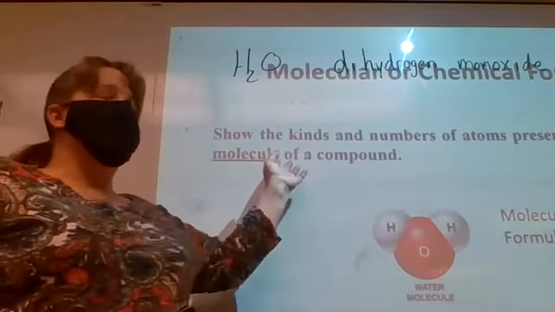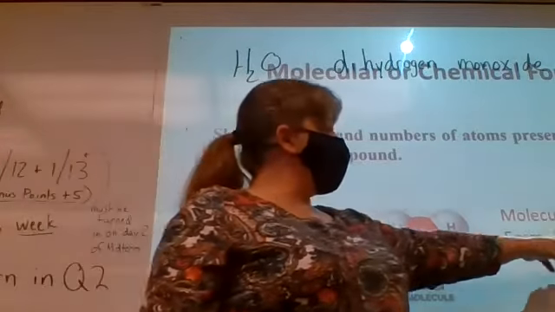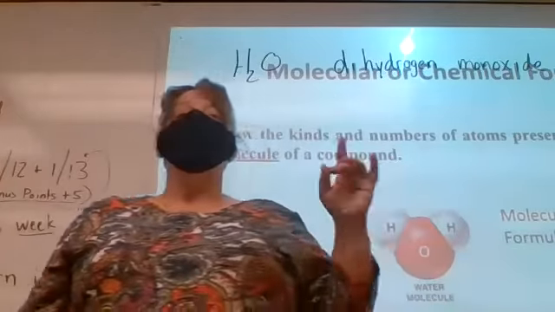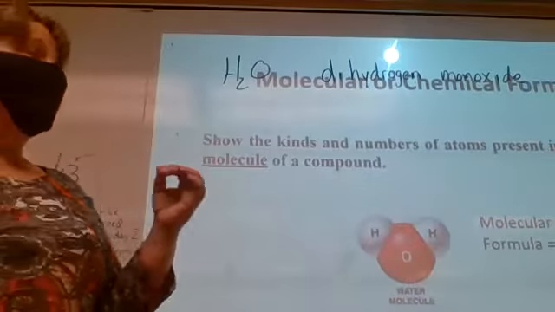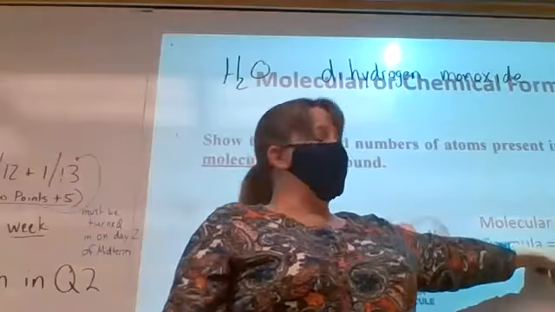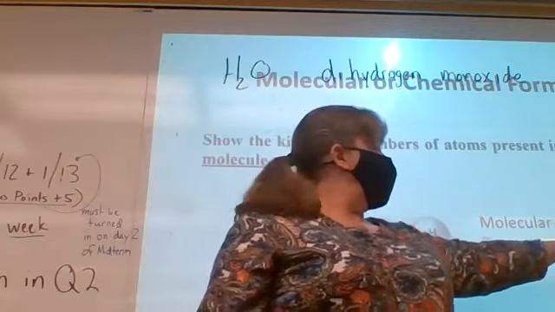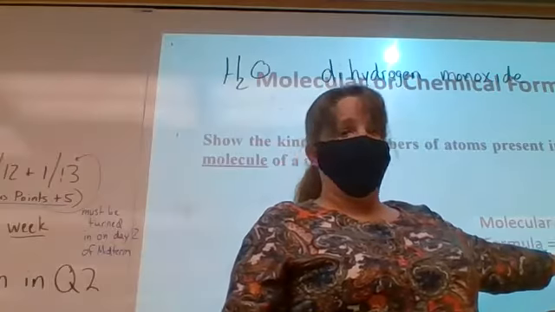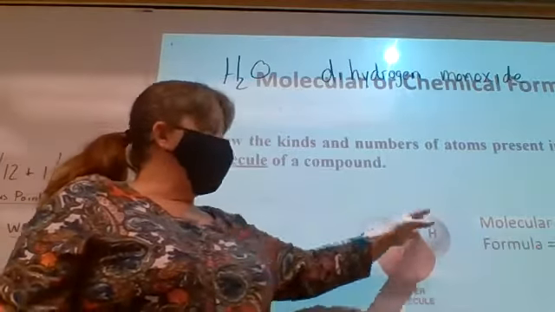All right, so we've been working with chemical formulas. We know that when we are given a chemical formula like H2O, that means that we know how many atoms there are of each type of element. This tells me that I have hydrogen. This 2 means that there are 2 hydrogen atoms and 1 oxygen atom. Okay, so that is why we draw water with 1 oxygen and 2 hydrogens.